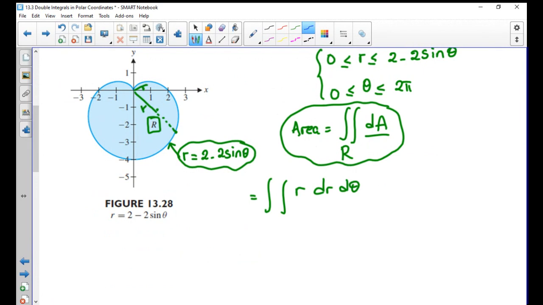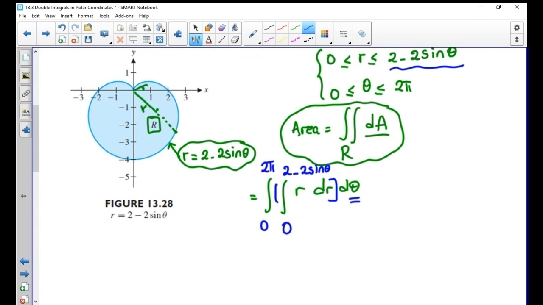So first integrate with respect to r. From where to where? 0 to minus 2 sine theta. Like this. And then the answer of this integration, I will integrate it with respect to theta from 0 to 2 pi, like this.